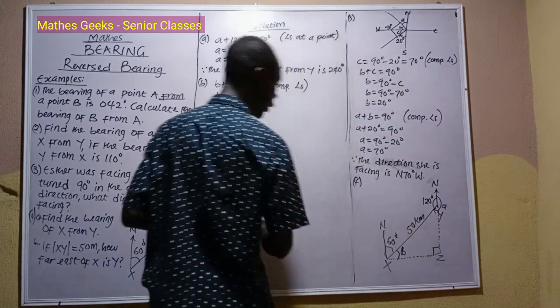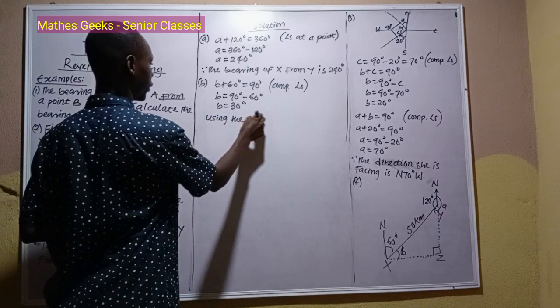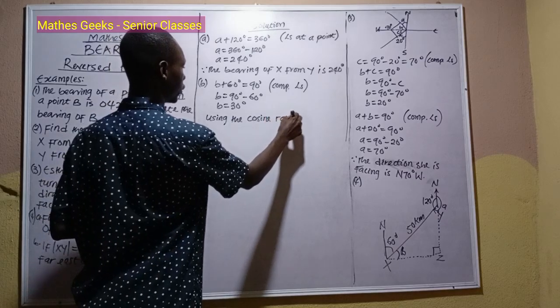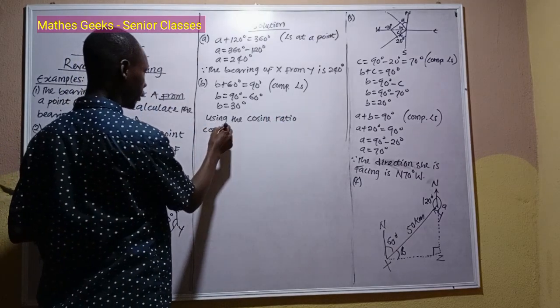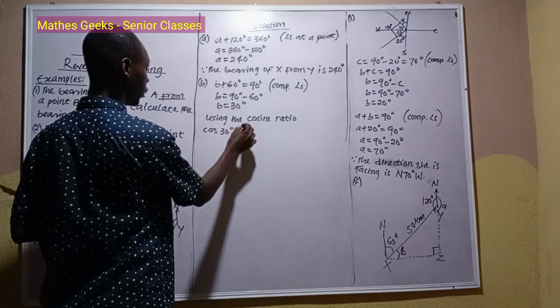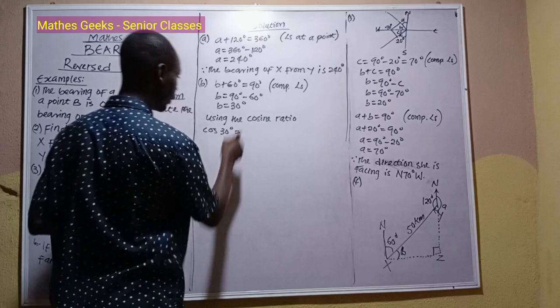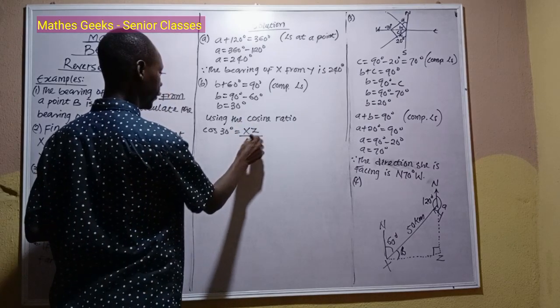Now, since we are looking for this side, the adjacent, and the distance is 50 kilometers, the hypotenuse is given. So using the cosine ratio, cos 30 degrees is equal to adjacent, which is xz, over hypotenuse 50.